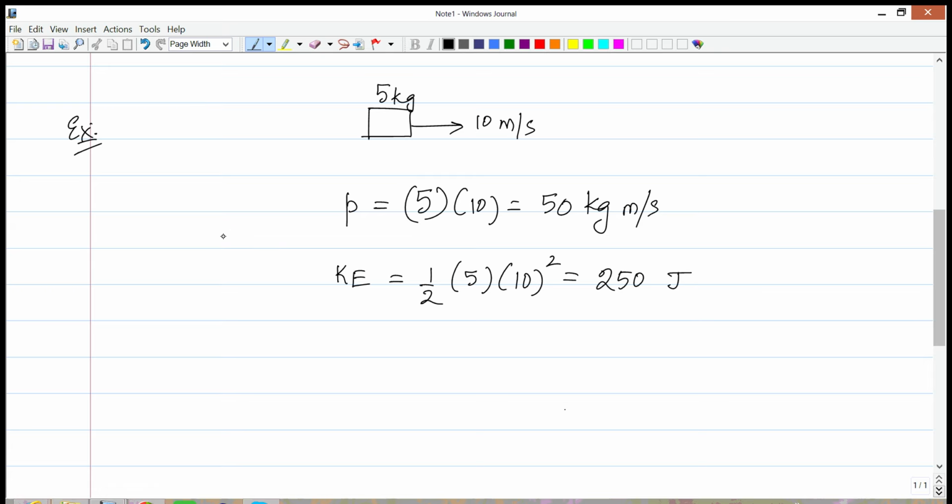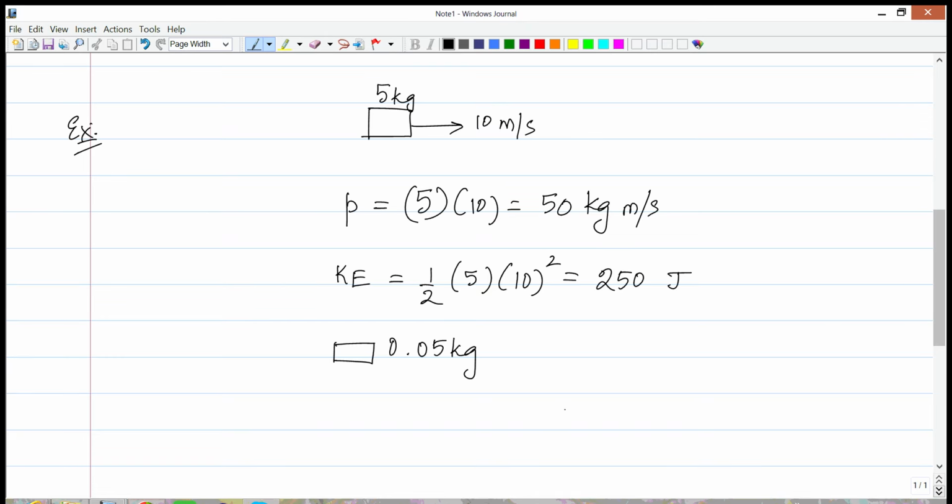Alright, now what we'll do is let's find another object. Instead of this block, I give you a smaller block of mass, say 0.05 kg, and I'm asking to find what should be the velocity of this block such that it has the same momentum as the 5 kg block.